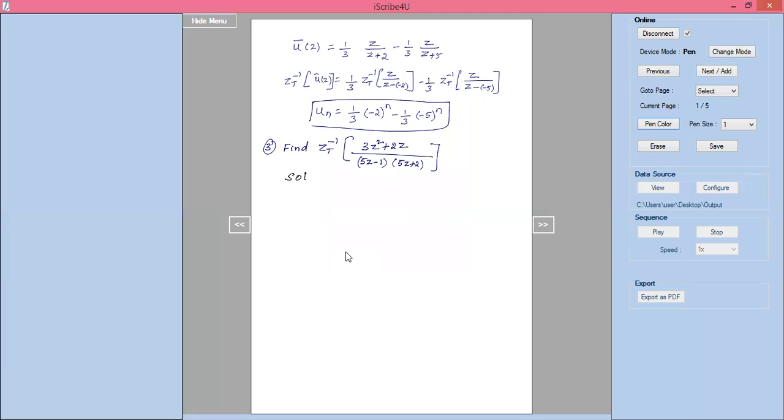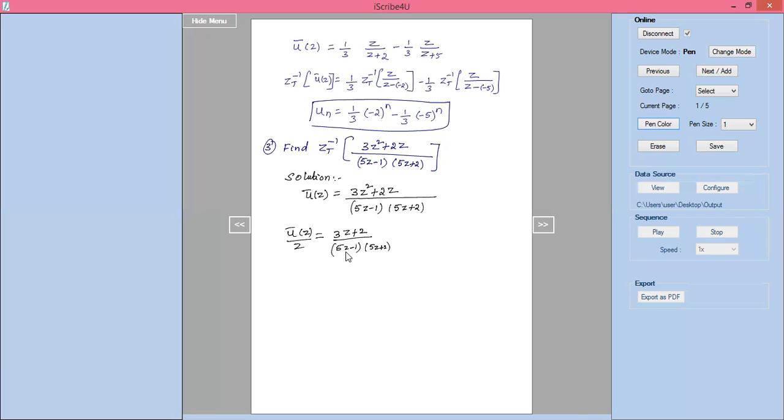Solution: take u bar of z equal to 3z square plus 2z divided by 5z minus 1 into 5z plus 2. Here, u bar of z divided by z equal to, taking z outside, we get 3z plus 2 divided by 5z minus 1 into 5z plus 2.